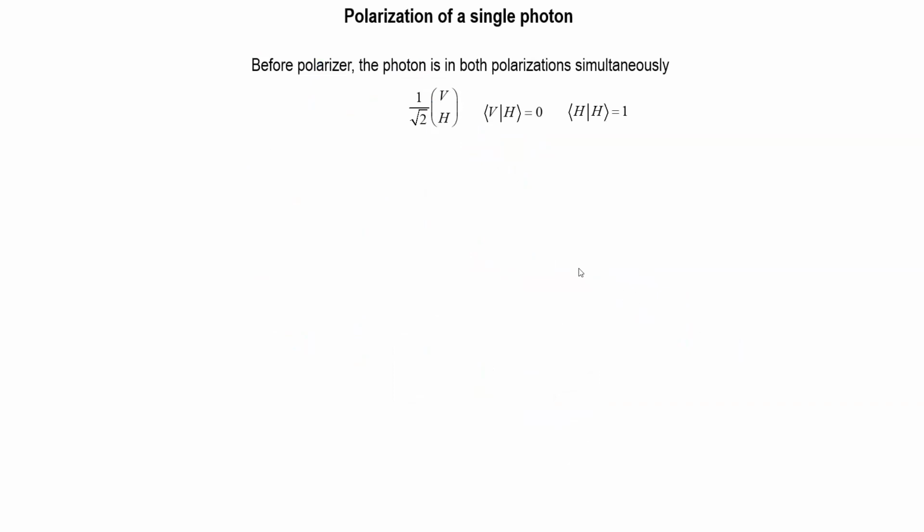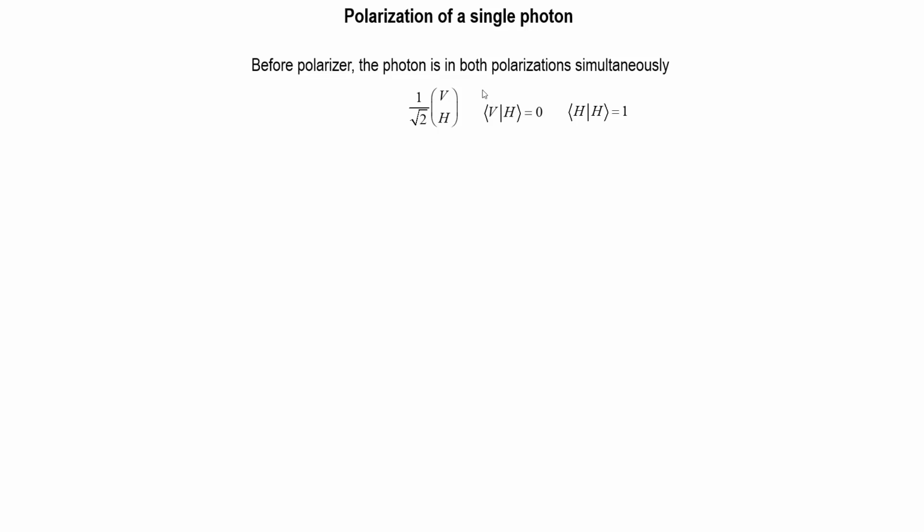However, a single photon in general can have both polarizations, both components, the vertical component and the horizontal component. We can consider this vertical and horizontal state as the basis for the qubit. We can normalize them, so they are normalized, and obviously they are orthogonal.